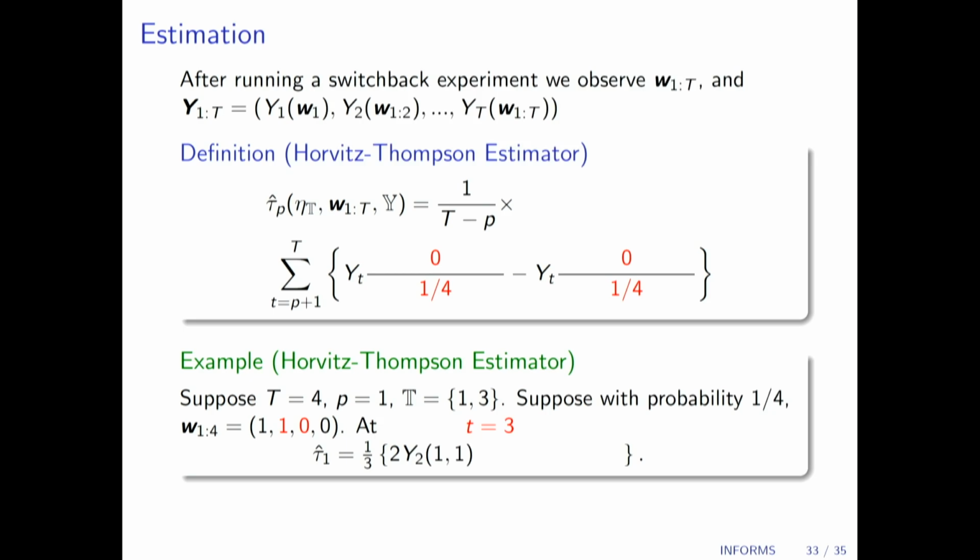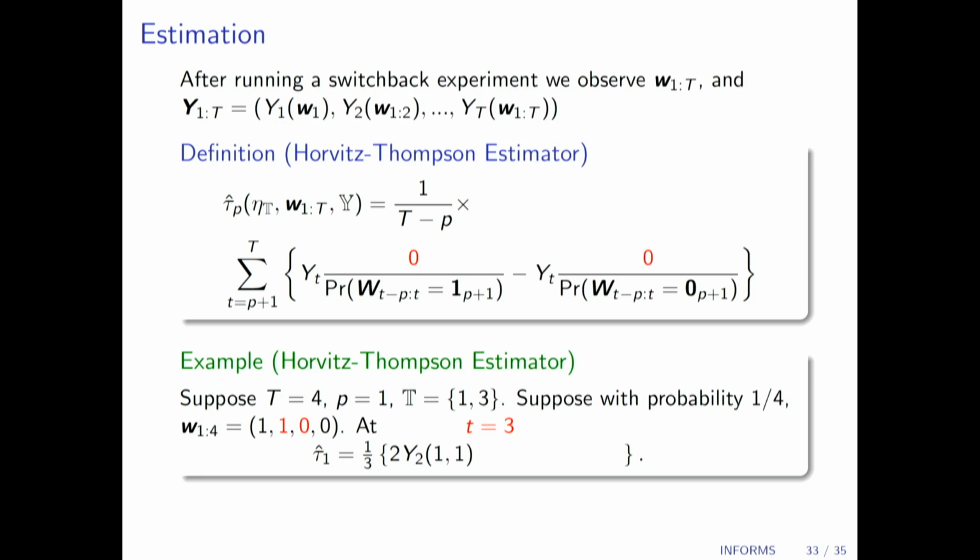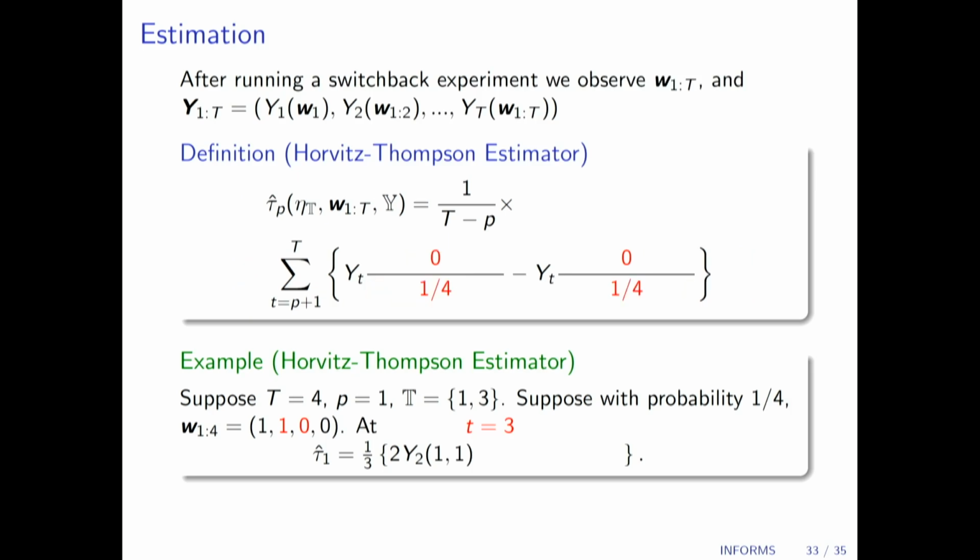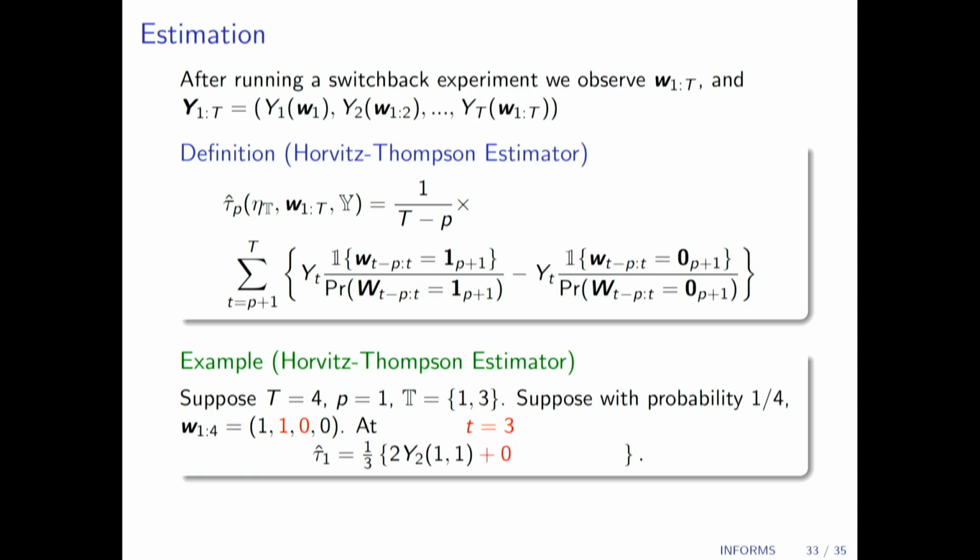It's because we flip a fair coin in day 1, which determines the treatment in day 2, and we also flip a fair coin in day 3, which determines the control in day 3. This happens with probability 1/4. And so we put a 1/4 in the denominator, but because the numerator is 0, everything is 0. And then we move to the last period. We do the same thing, and we copy it down. So that's an example of the IPW estimator.